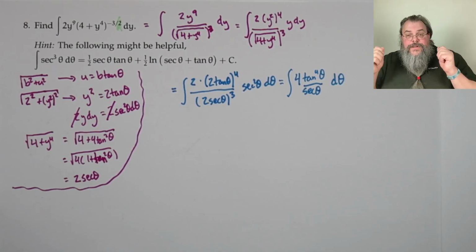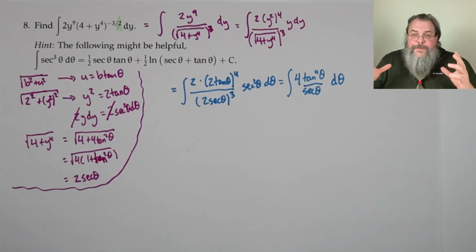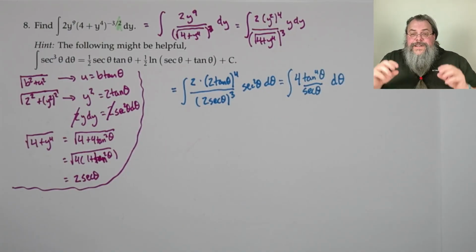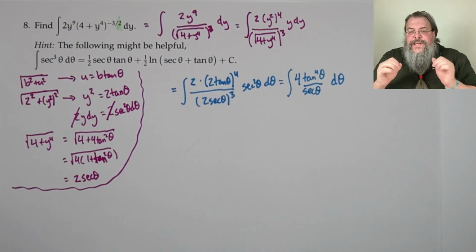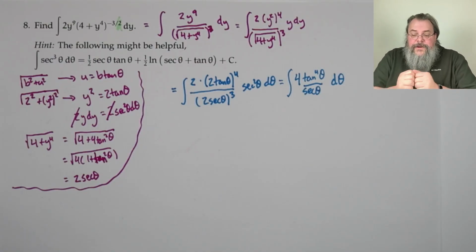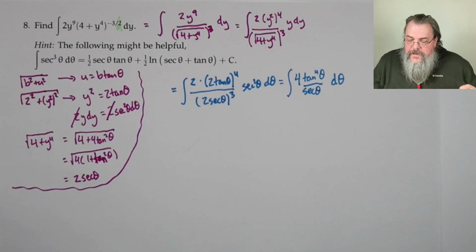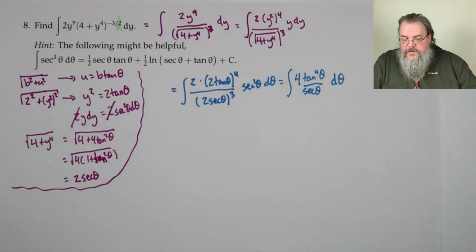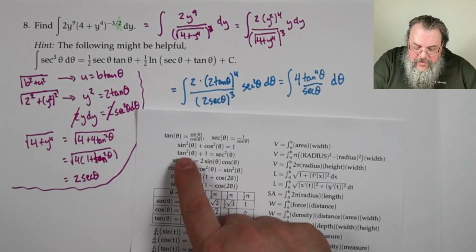Because what's our mindset when it comes to tangent squareds and secant squareds? We can swap. Now, not one-to-one. It's not like tangent squared is a secant squared. But it's almost, because we have our classic identity. So here's our idea. And just to be clear, this is the identity I'm thinking about.